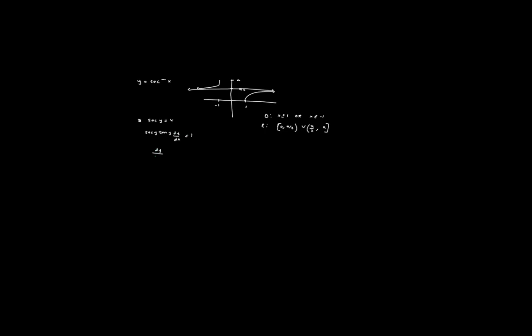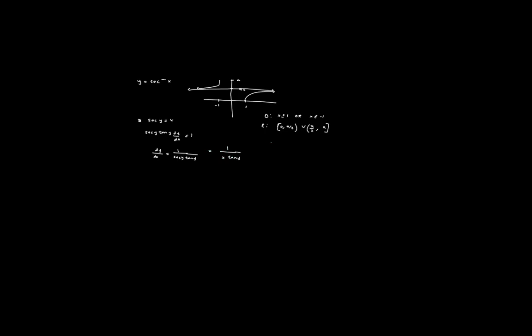Solve for dy over dx: 1 over secant y times tangent y. We already know secant y is equal to x, and tangent y will be something else. So this will be equal to 1 over x times tangent of y, right?